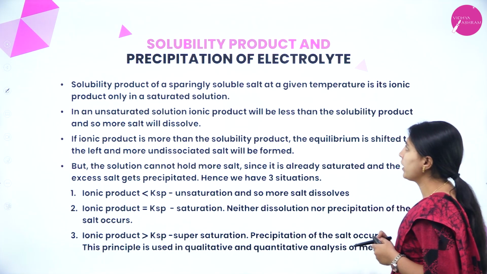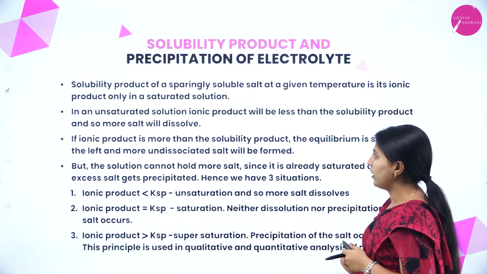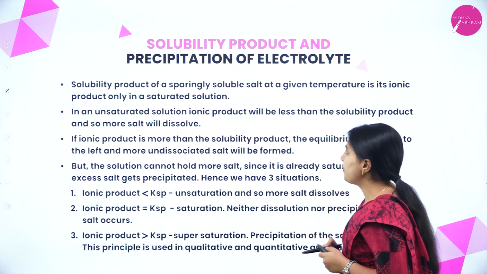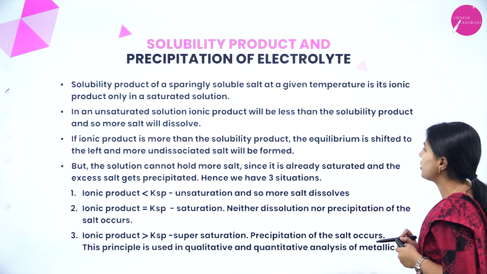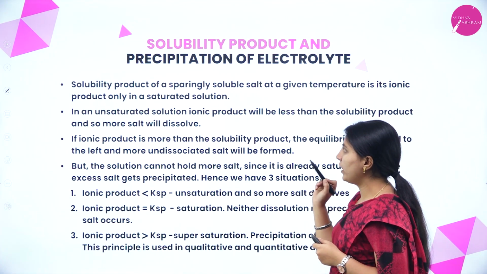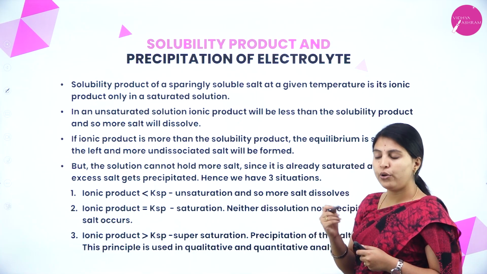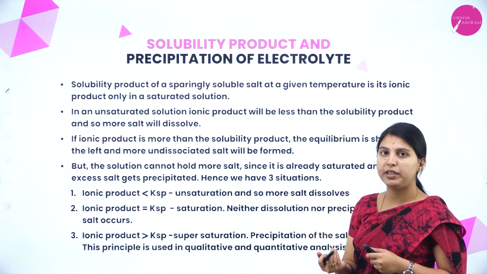Next, solubility product and precipitation of electrolyte. The solubility product of a sparingly soluble salt at a given temperature is its ionic product only in a saturated solution. You know about saturated solution, you know about solubility product.